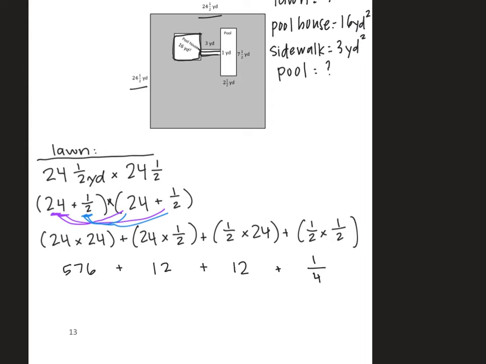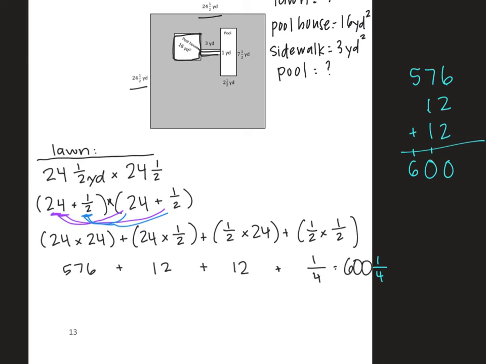All right, if I add all these up, 576 plus 12 plus 12. 6, 7, 8, 9, 10. And 5 plus 1 is 6. That's going to give me 600 and 1/4.